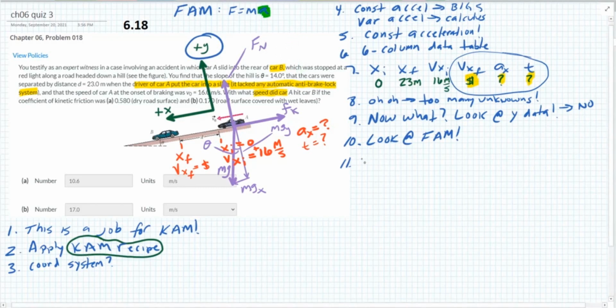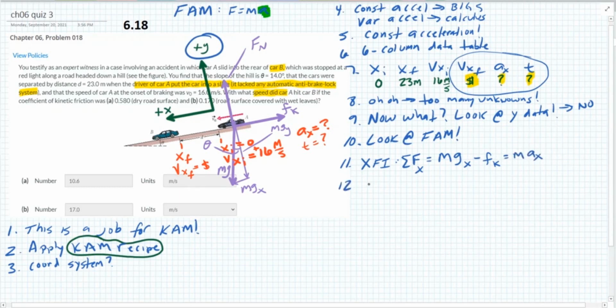I'm going to say my X force inventory looks like this: the sum of all those X forces acting on the blue car. This is where your free body diagram needs to be very accurate and complete. I've got mg_x pulling the car down the ramp. Is that it? I suppose. And then kinetic friction trying to stop that downward motion equals ma_x.